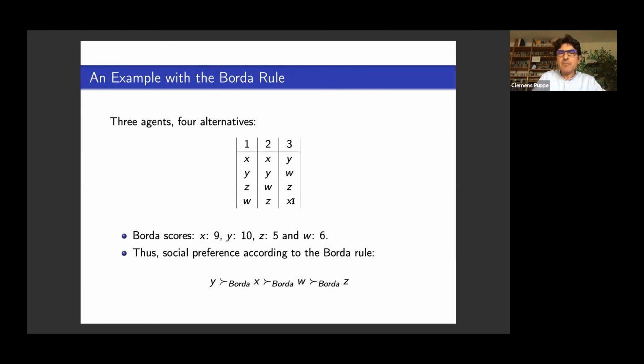Now suppose there comes the information that says, oh, W and Z are not really, we cannot elect them in this, right?